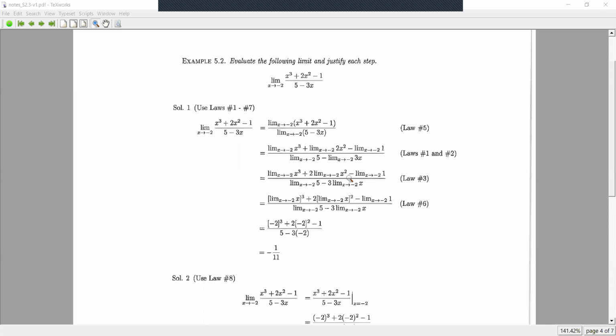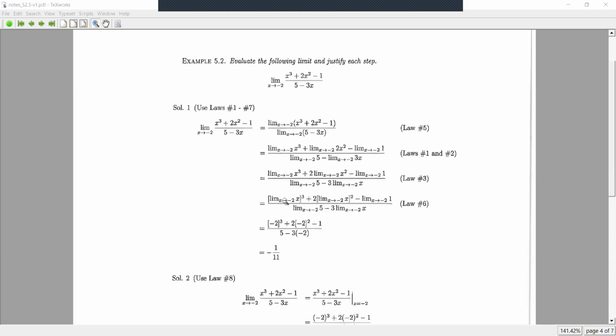So I can apply power law to them to get this equation. Okay, now we have 5 limits to determine, but these limits are simple enough.